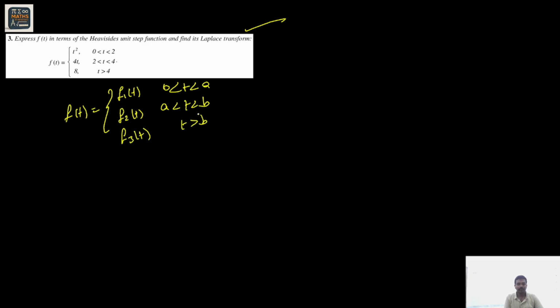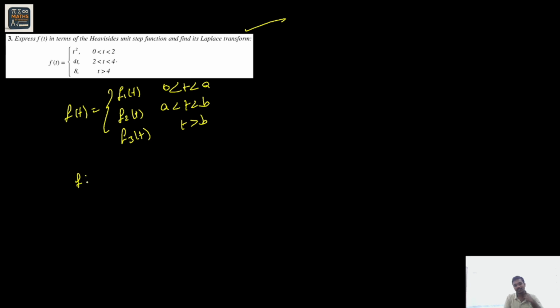First you should find the Heaviside form. Here there are three terms: f of t is equal to f1 of t for 0 less than t less than a, f2 of t for a less than t less than b, and f3 of t for t greater than b.